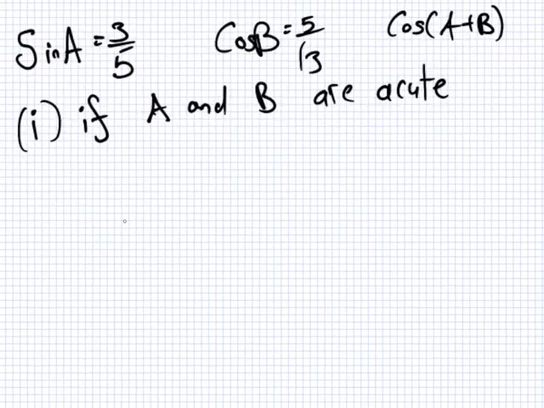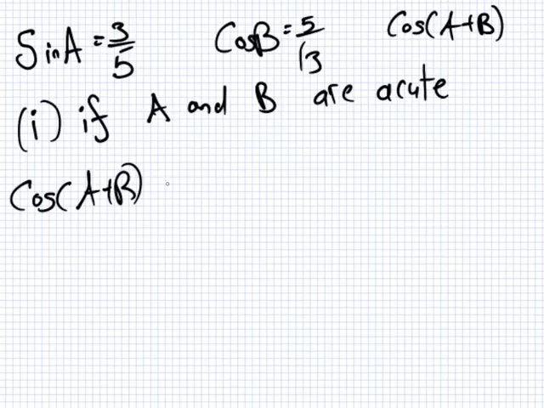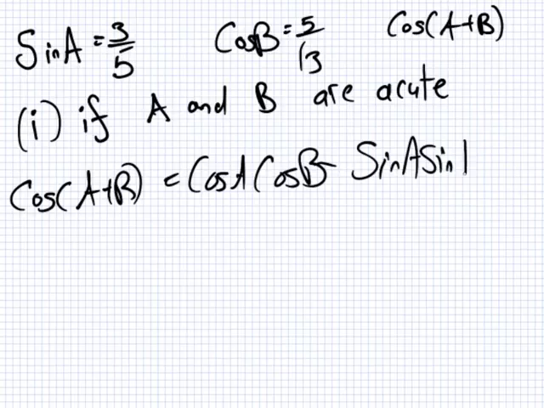Now, let's use our formula. Cos A plus B will be cos A cos B minus sine A sine B. So some of these you know. Sine A you know, and cos B you know. But what do you not know?